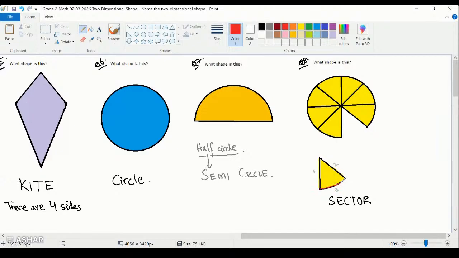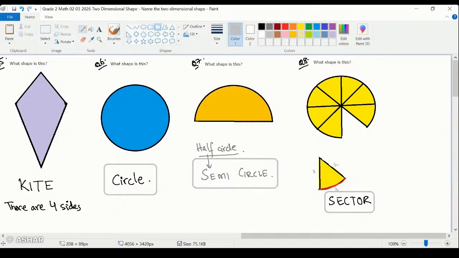This is circular. This is not a straight line, right? That's why we call it a sector. Agreed? So we'll need to remember what is a circle, what is a semicircle, and what is a sector.